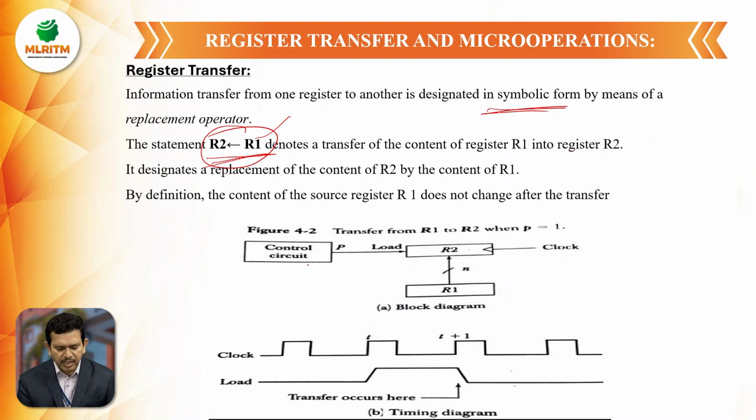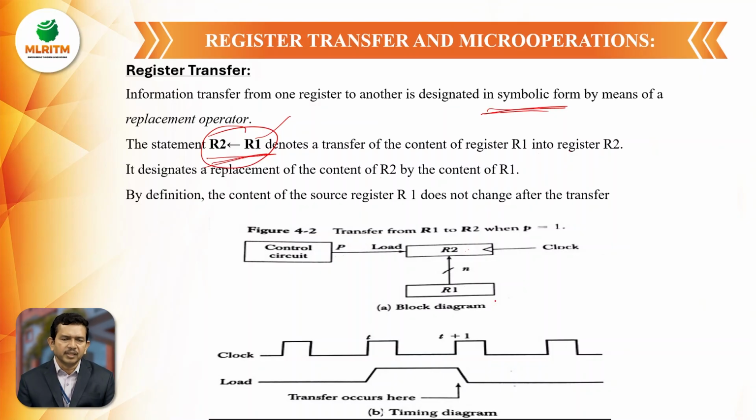If you see here, a control circuit is there. This is a control statement: when P is equal to 1, the transfer of data from the register R1 to R2 will happen. If I am trying to stop the transfer of data, if I don't want to transfer the data from R1 to R2, I should make it P is equal to 0.